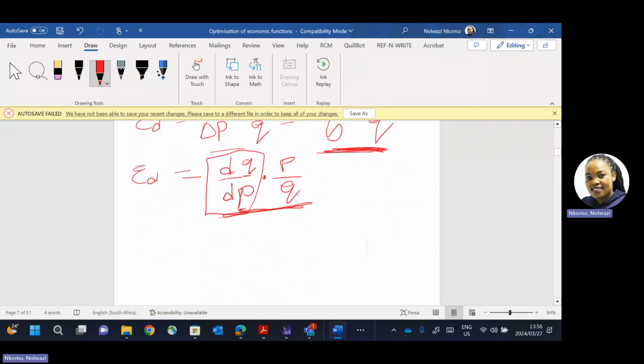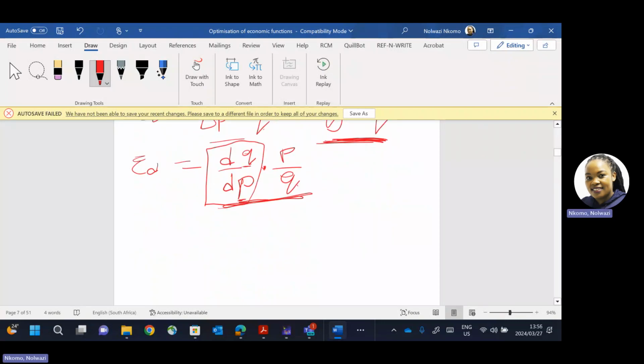Another thing that you need to know is that the derivative of a demand function is given by either dp over dq or dq over dp. It depends on the format of the function. If your function is given in terms of p, then your derivative would be dp over dq.